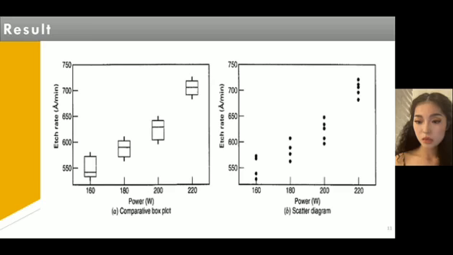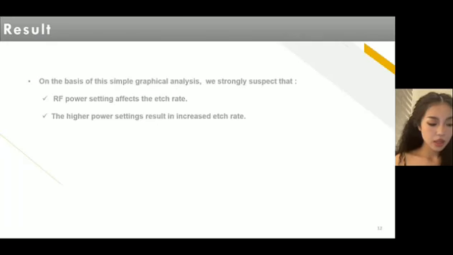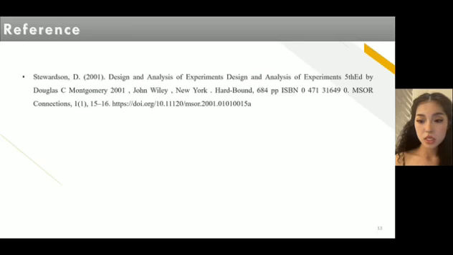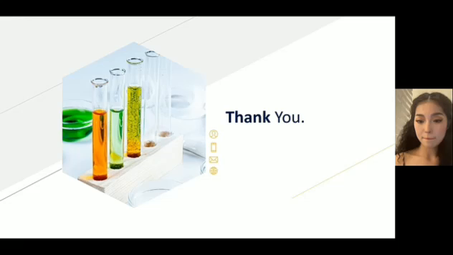Both graphs indicate that etch rate increases as the power setting increases. There's no strong evidence to suggest that the variability in etch rate around the average depends on the power setting. So on the basis of this graphical analysis, we strongly suspect that RF power setting affects the etch rate, and that a higher power setting results in an increased etch rate.